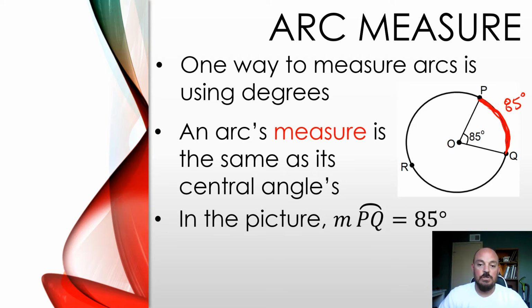And this is a new notation for us: if I write two letters and, instead of drawing a flat line over it for a line segment, I draw a curved line like an arc over it, that's our notation for arc. So in this picture, the measure of arc PQ is 85 degrees because the central angle that makes that arc is 85 degrees.